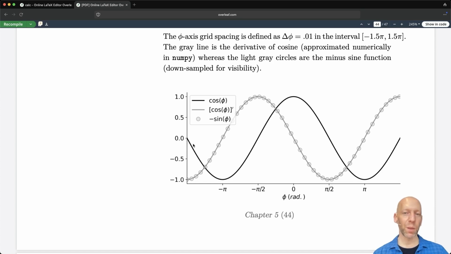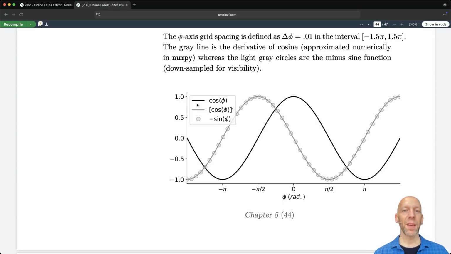So basically, we are going to plot these three functions on top of each other. So the cosine function, the analytic derivative, which is the function minus the sine of phi, and then the numerical approximation or the empirical derivative of the cosine of phi.